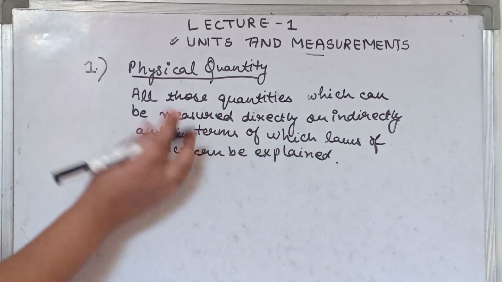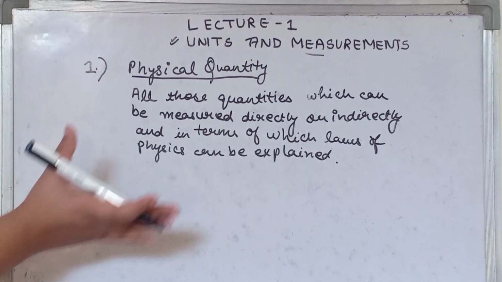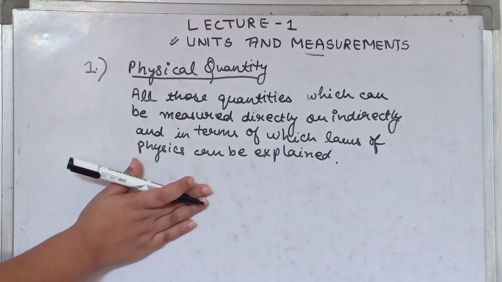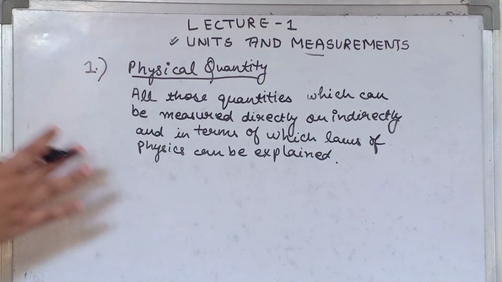So these are the quantities which we measure to define any law of physics. Those quantities are known as physical quantities.